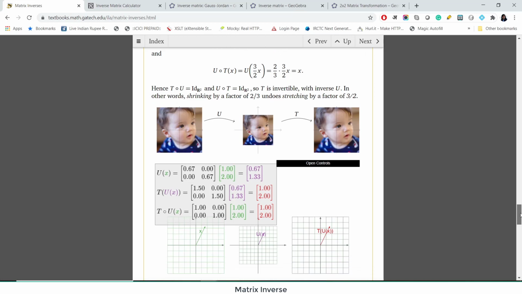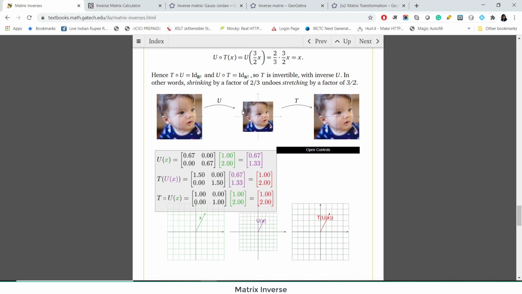So you can see here, the transformation U, corresponding to this matrix 0.67 and 0, 0. This is where i hat lands, and 0 and 0.67, this is where j hat lands. So we have seen earlier in detail the linear transformation and the meaning of these particular columns, and this is a vector.